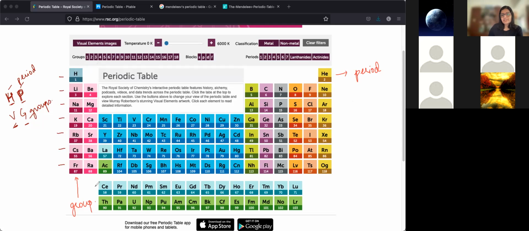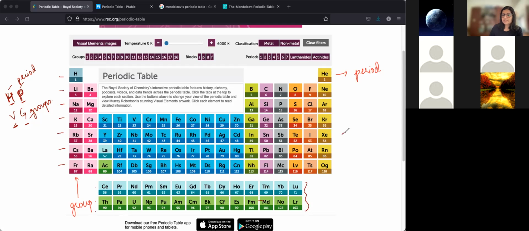Oh, so these two are placed outside of the table, no? This is one way of representing it. Another way of representing it is called the expanded form. I'll tell you what these two stand for. This is not an extension of the table. These are not the 8th and 9th rows.